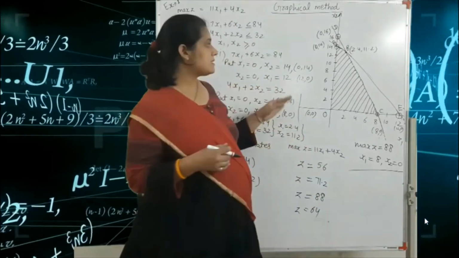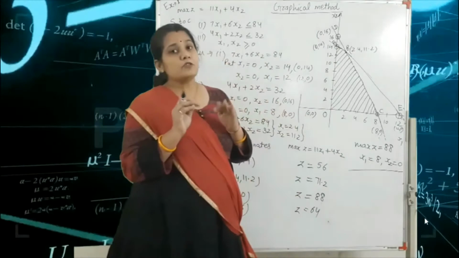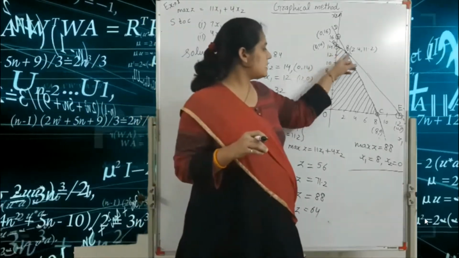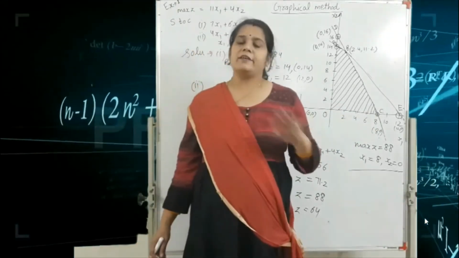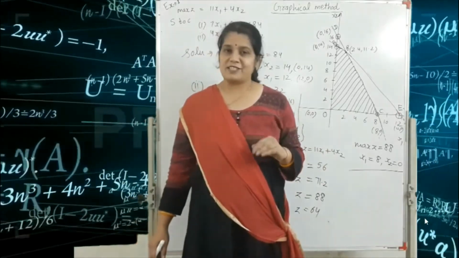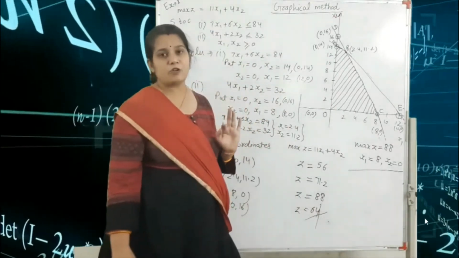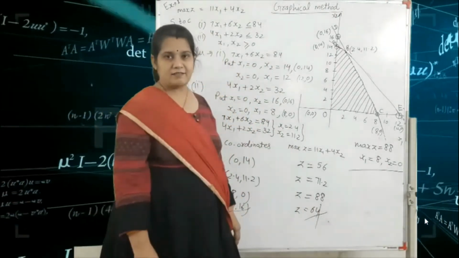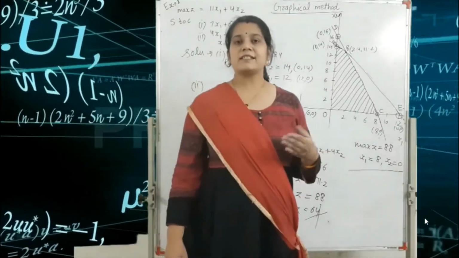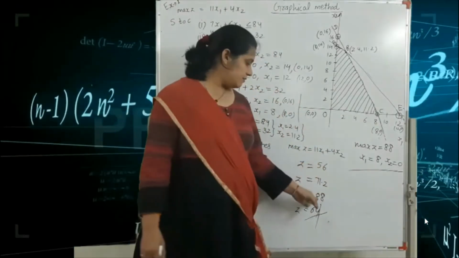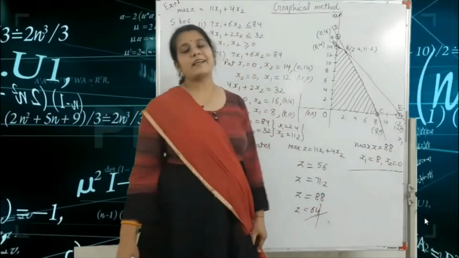Always keep in mind, this is a very tricky question, because you always use the closed region, so those points always satisfy the constraint equations. The other values are not considered in the feasible solution. So don't write 0, 16 in the D point. Write only the 3 points, because these 3 points satisfy the constraint equations, and the maximum value is 88, where x1 is equal to 8 and x2 is equal to 0.